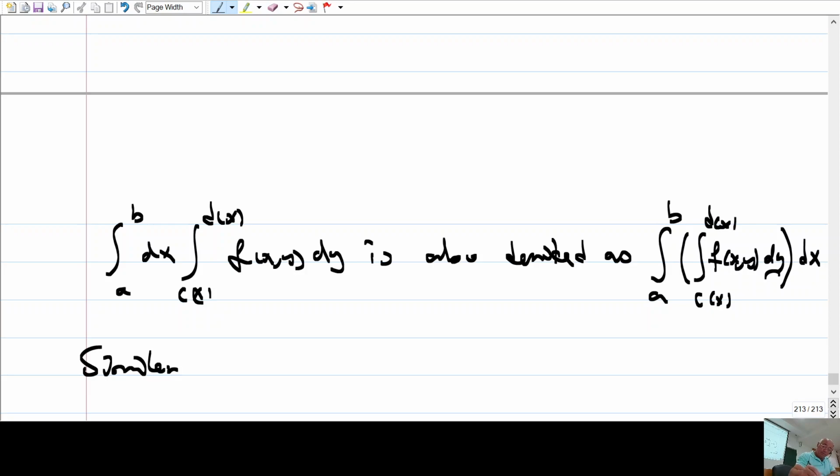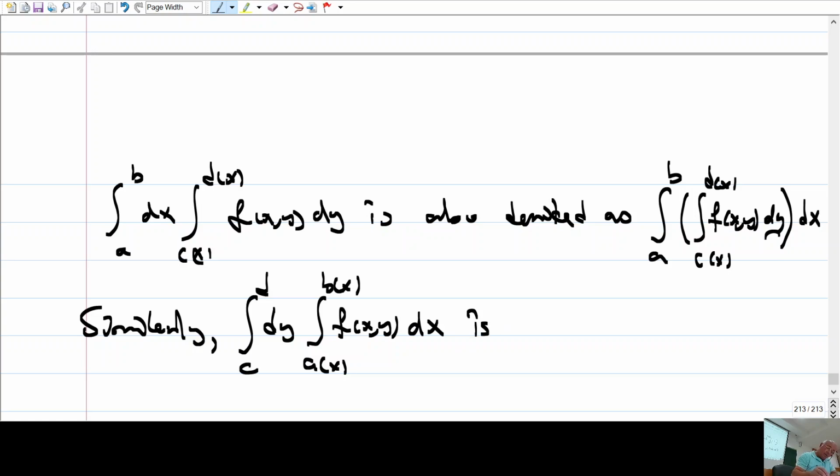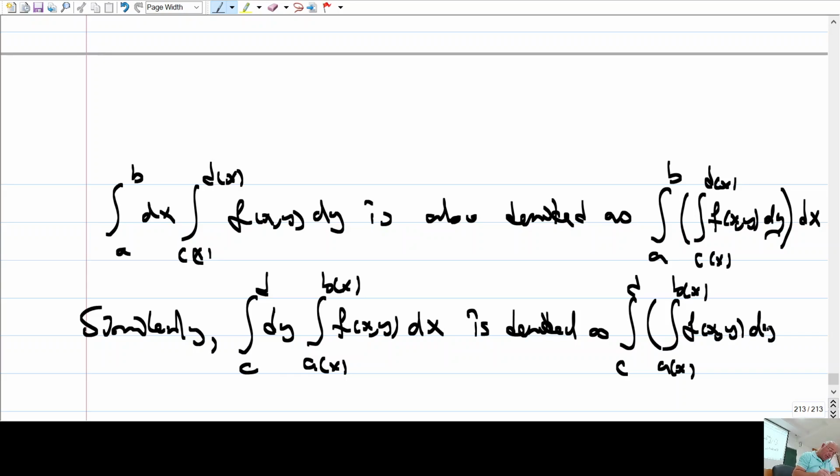Similarly, this notation, c to d dy, a(x) to b(x), f(x,y) dx, is denoted like this: from c to d, the integral from a(y) to b(y) of f(x,y) dx, and then I have dy.